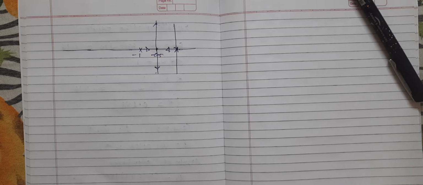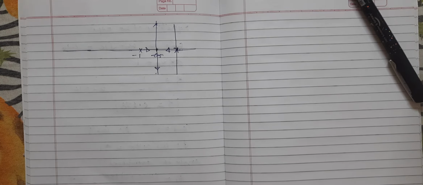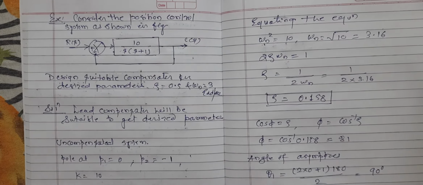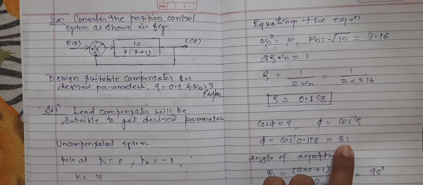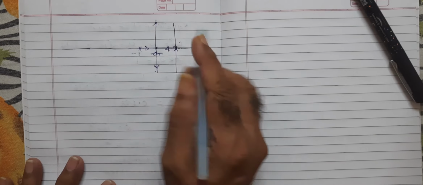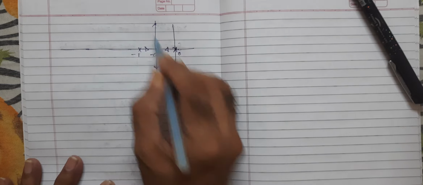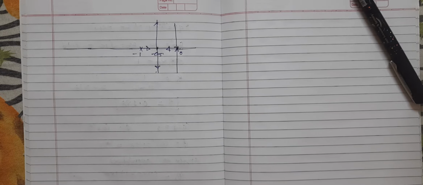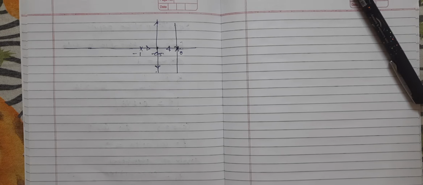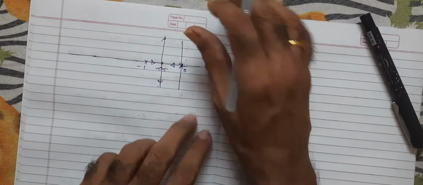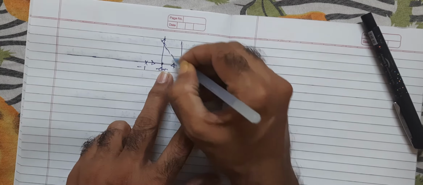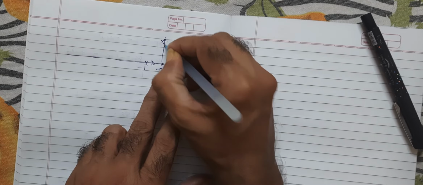Now see there, we have calculated the angle phi. It is coming 81 degrees. So from the origin, draw a line at an angle of 81 degrees. Let's say this angle is 81. So here we have the point.